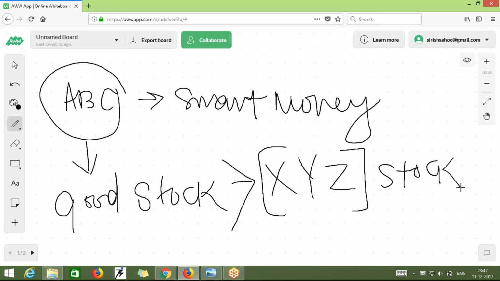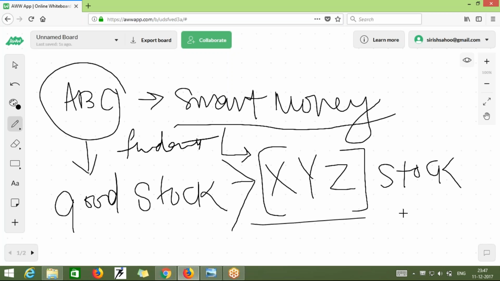So ABC chose XYZ as the stock. He or she reviewed the fundamentals and everything looks good. So the smart money reviewed XYZ with the help of fundamentals, and started investing in this stock. Now let's see the next thing, what exactly is going to happen.